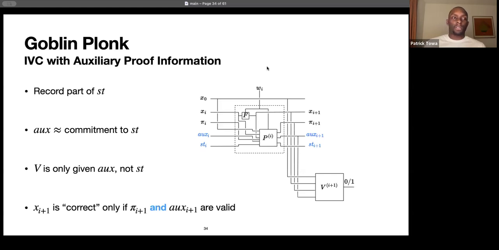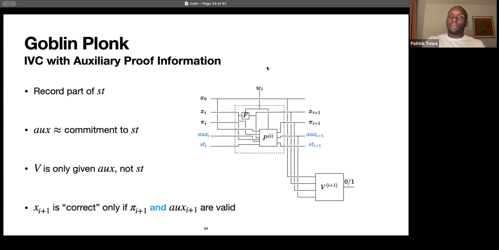And now the question is, how are we going to build it? The starting point is to say, assume that you had an IVC, or an incremental construction, that fell into the framework that I gave before, regardless of how the IVC was built.